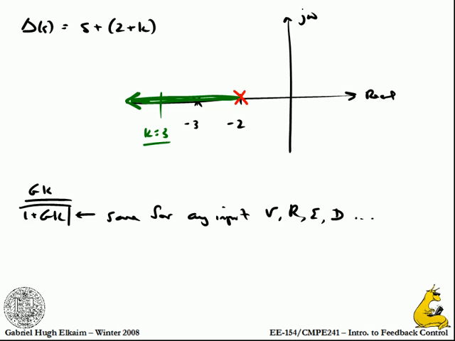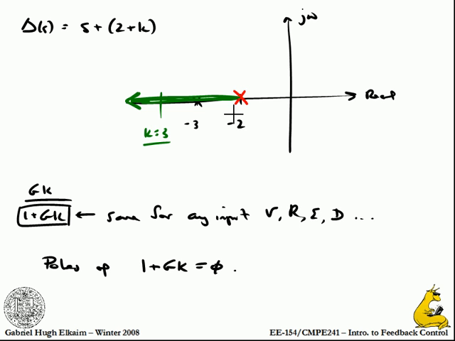That denominator is always going to be the same. Okay? And what that means is that what I'm looking for are the poles of 1 plus GK equals 0. Right? The poles of 1 plus GK equals 0 are going to tell me what the basic building blocks of the time response are.